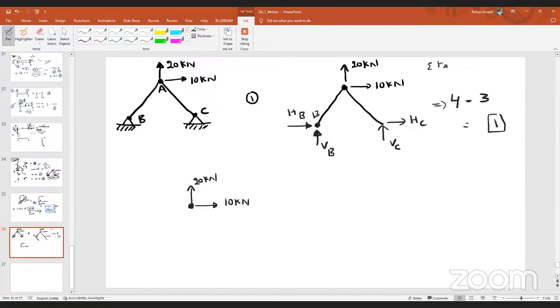We don't know the reactions here in AB or AC, right? So I will remove the members and represent this as the internal force generated in the member AB, and this as the internal force generated in the member AC. Do you guys agree with this? Any doubt in the free body diagram of point A?